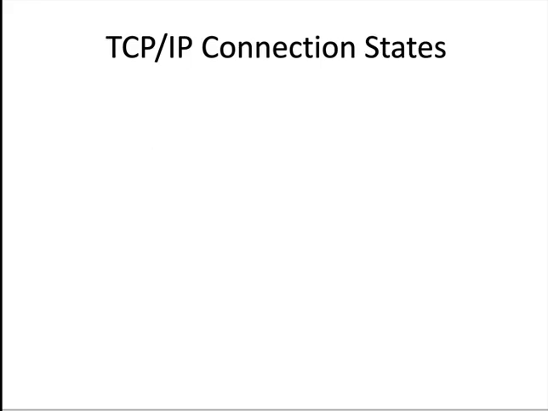TCP connection states. This is a lot of detailed information. Normally in my networking classes that I teach, I would not go over this just because we know they happen.